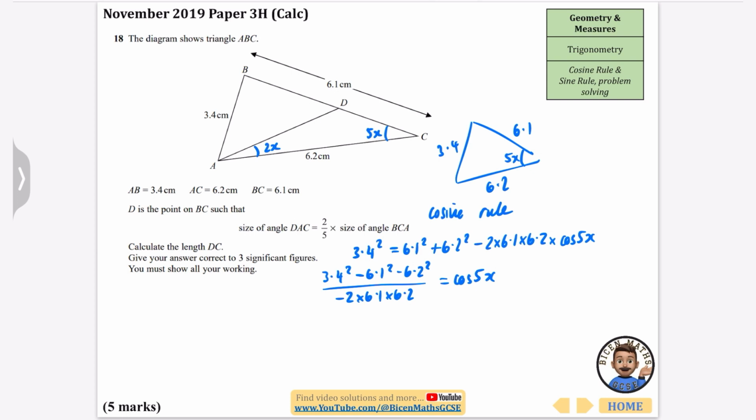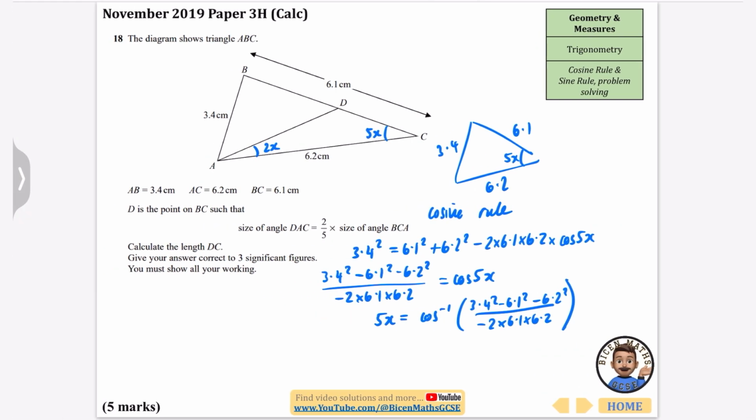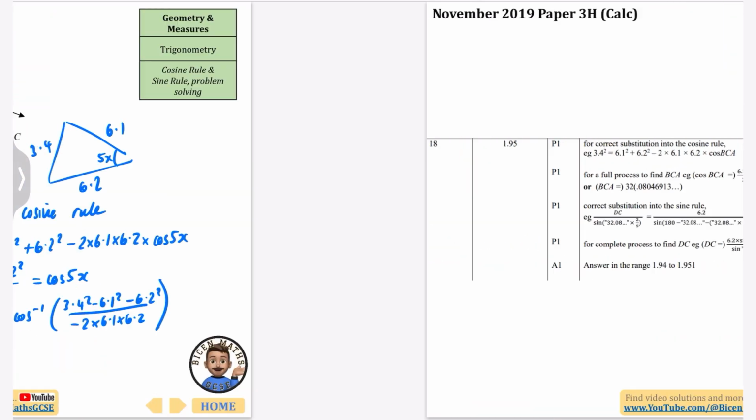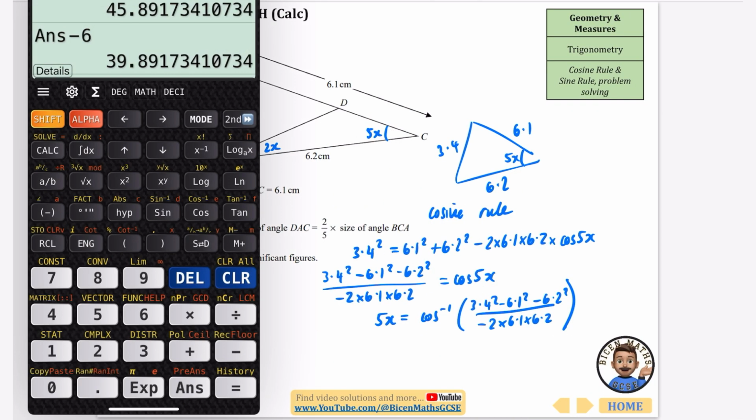So I'm going to use that to find out what 5x is equal to, by saying that 5x is therefore going to be the inverse cos of that whole thing: 3.4 squared minus 6.1 squared minus 6.2 squared, all over minus 2 times 6.1 times 6.2. Okay, that will then tell me what x is, and then we can keep going on this pretty insane question, to be honest. Oh yeah, of course, the calculator's on the other side.